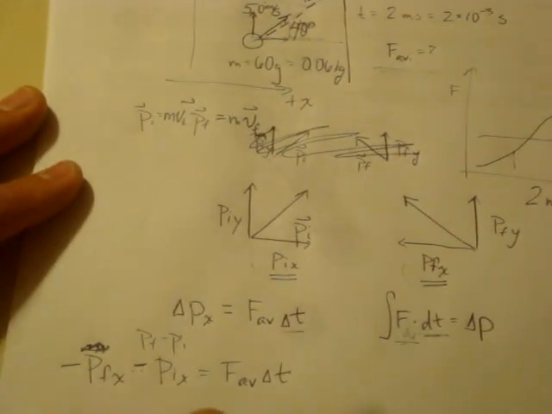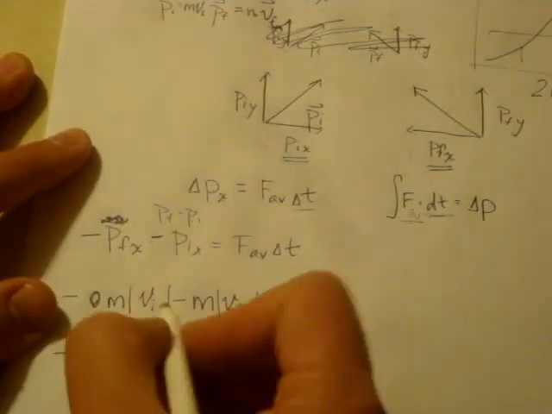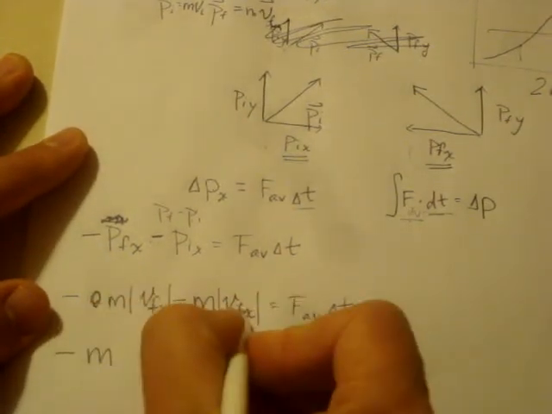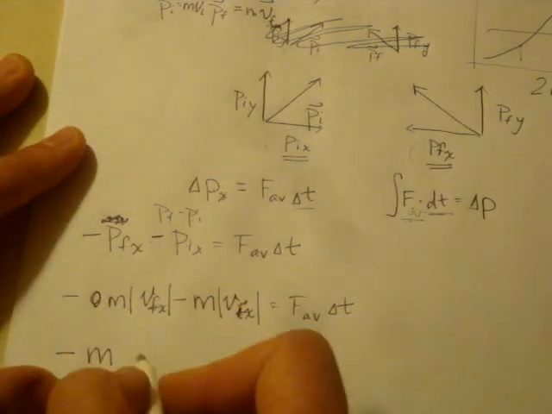So minus m times the, oh shoot, I flipped these around. I'm not sure if you can see that. Sorry, these are flipped around. This should be the final, and this should be the initial. Just simply mislabeled those. Sorry about that.